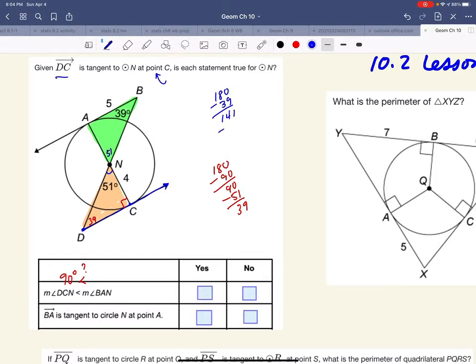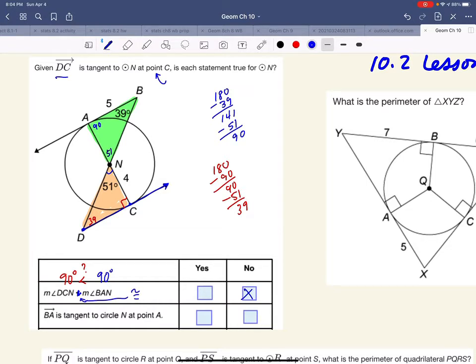And then take away 51, so you get 90. So you're like, oh, okay, those are congruent triangles, and that is 90. So is 90 less than 90? No, it's equal. So that should be a congruent sign.